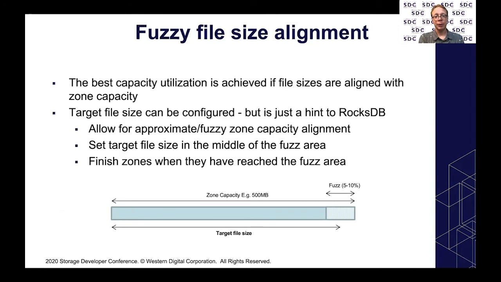So we get best capacity utilization if the files are exactly a multiple of zone capacity, but we can get great results if we allow for this fuzzy method of aligning file sizes with zone capacity.